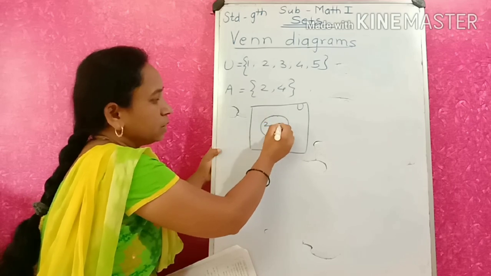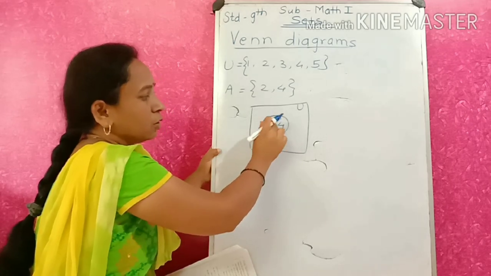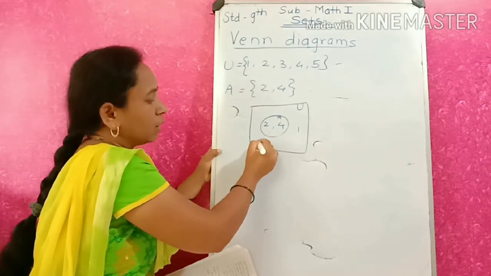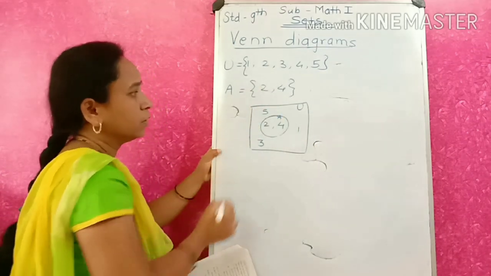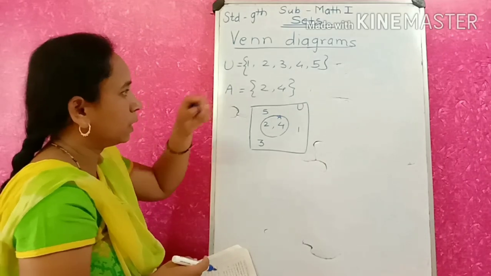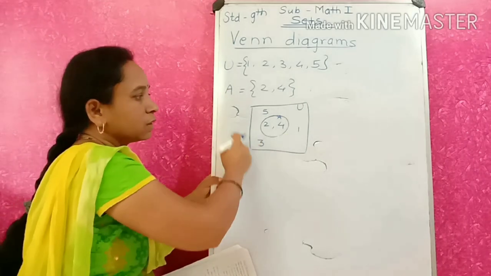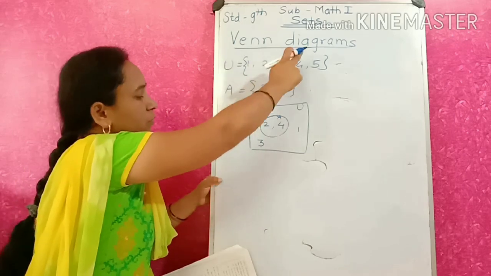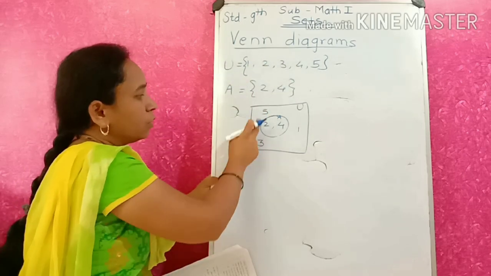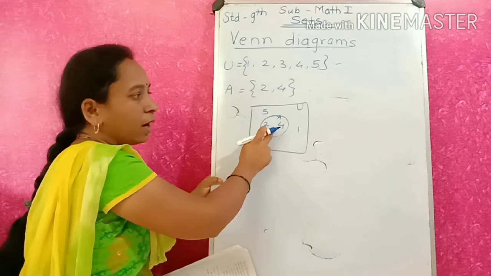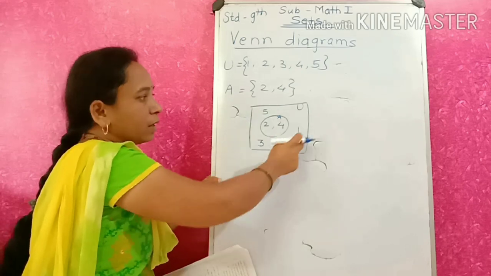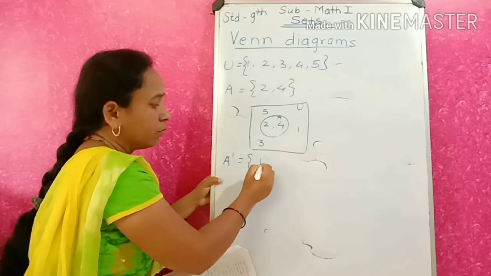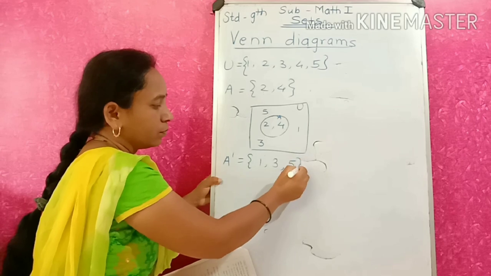So in set A there are the elements 2 and 4. Now the remaining elements would be 1, 3, 5. This is the representation of the universal set and set A using a Venn diagram. In this you can find that 1, 3, 5 are not present in A, but they are elements of U. So A complement would be 1, 3, 5.